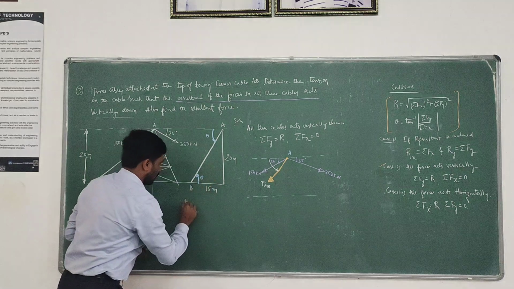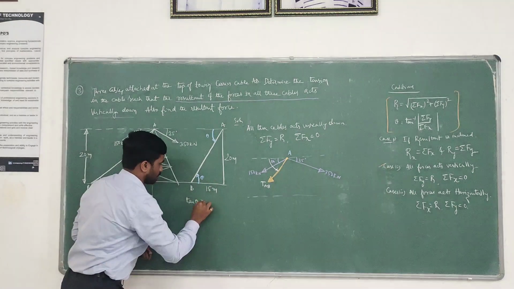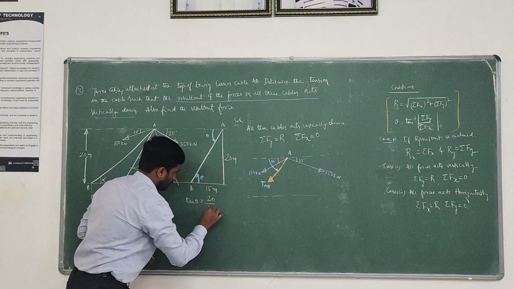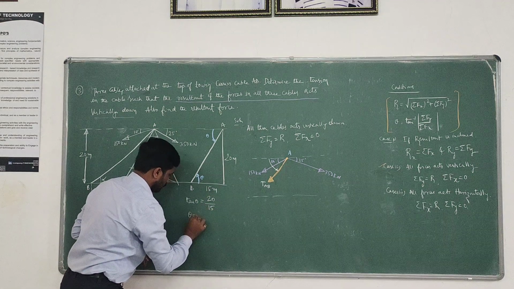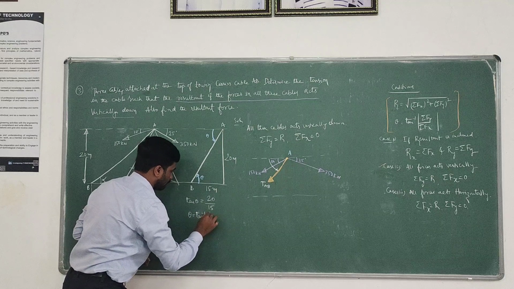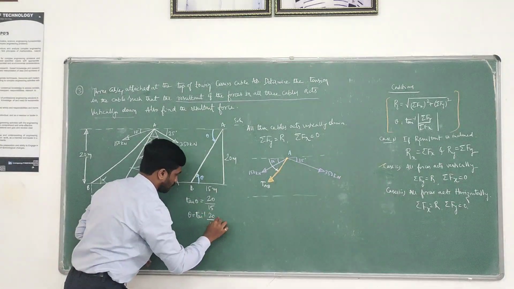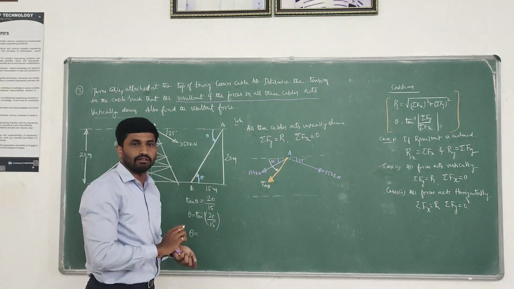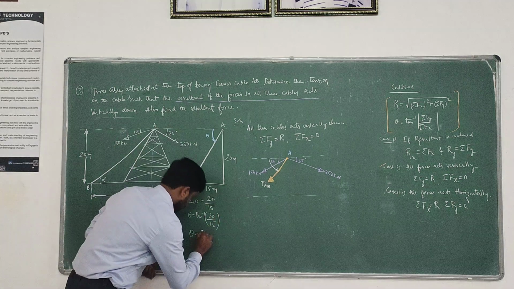Apply tan theta. Tan theta equals opposite by adjacent. Opposite is 20 by 15. Theta equals tan inverse of 20 by 15. What is the theta value? Tan inverse of 20 by 15 is 53.13 degree.